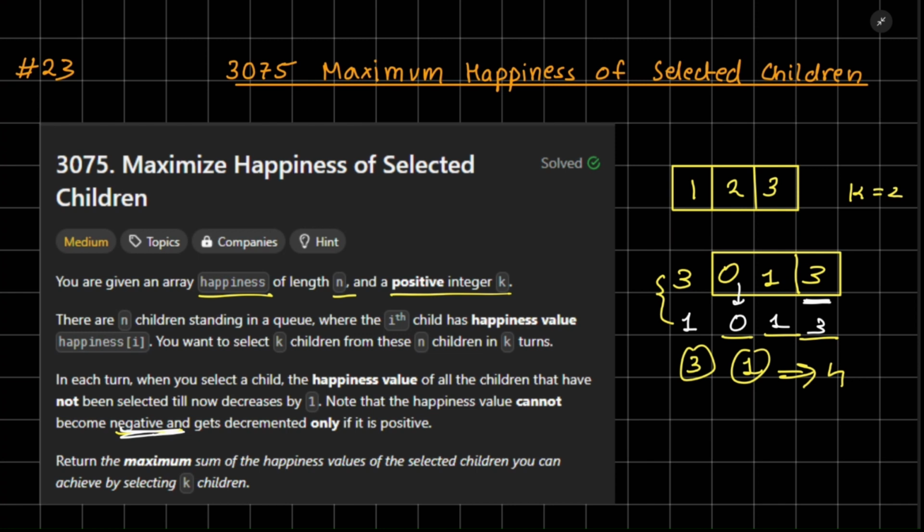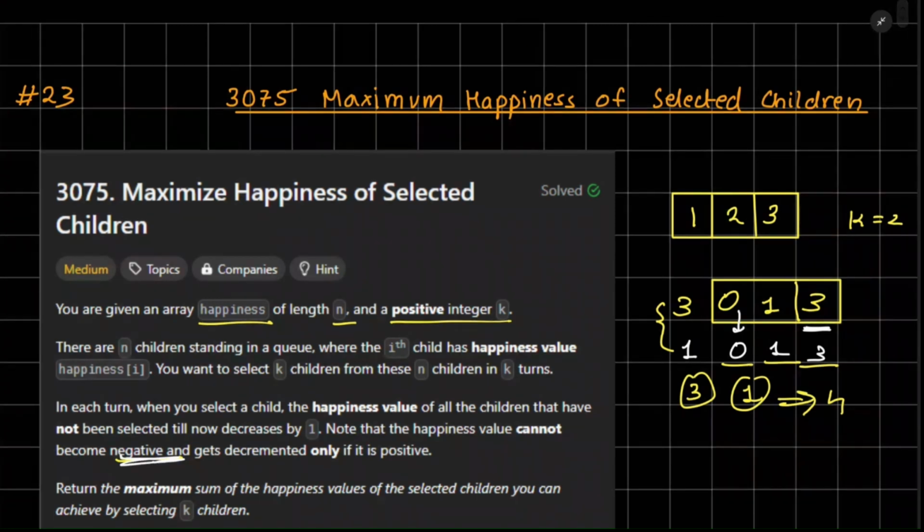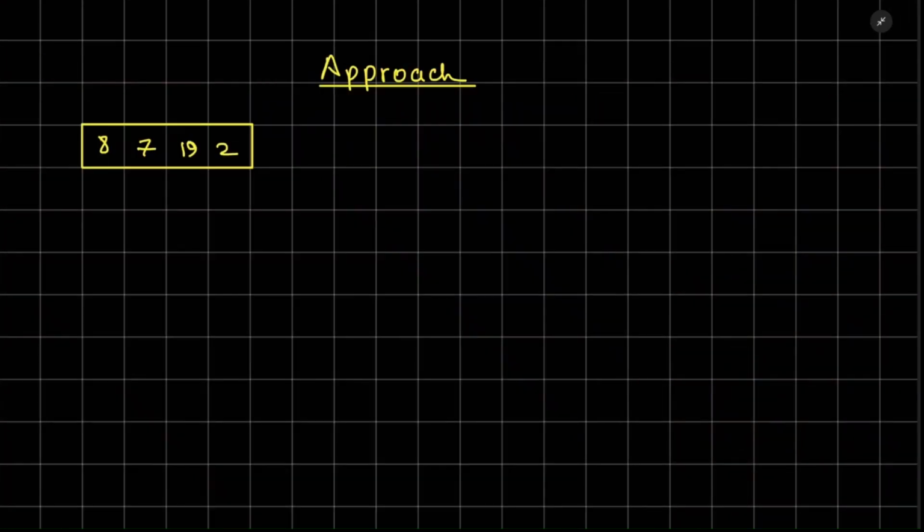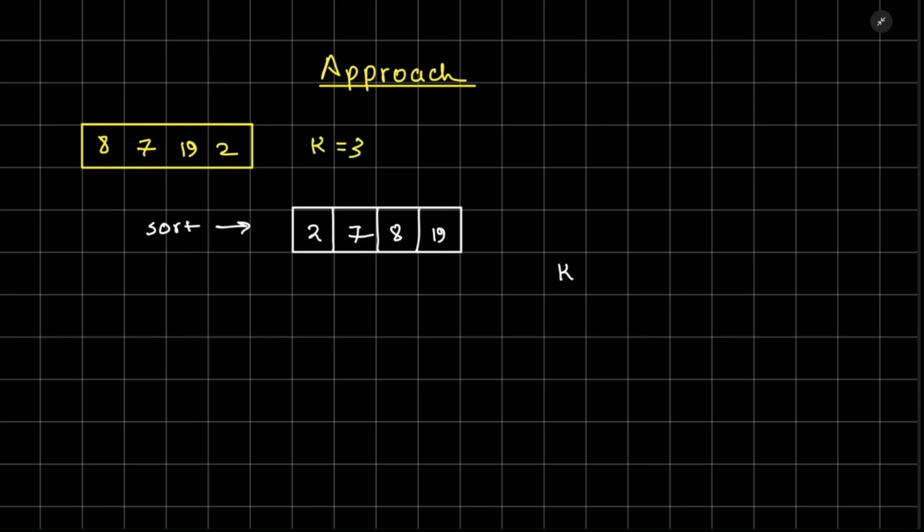So what we will just do is sort the array. Let's take this example. Our first step is to sort the array. The sorted array will look like this. Now we'll make a counter, and I forgot to mention, let's say our k is 3.